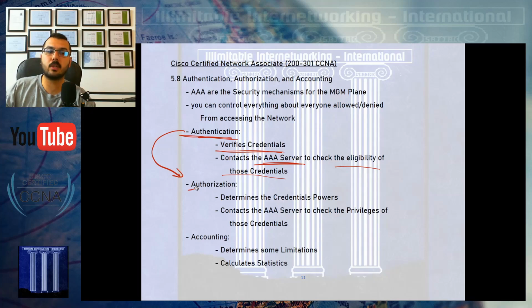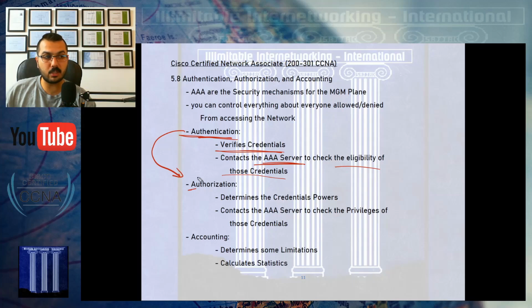So yes, those credentials are authenticated to access this device, but at what level? At what authorization are they authorized? Those credentials are authorized to do what inside me as a switch or as a router, as a network device communicating with the AAA server and asking it.